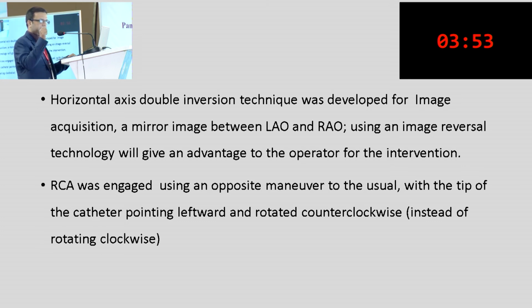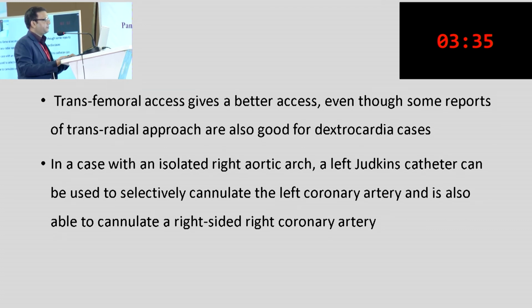The important trick is that we have to torque the catheter for the RCA with the opposite technique, that is anticlockwise, with the tip of the catheter pointing leftwards and rotated counterclockwise instead of rotating clockwise. This is the main trick. Transfemoral access gives better access, even though some reports of transradial approach are also good for dextrocardia cases.